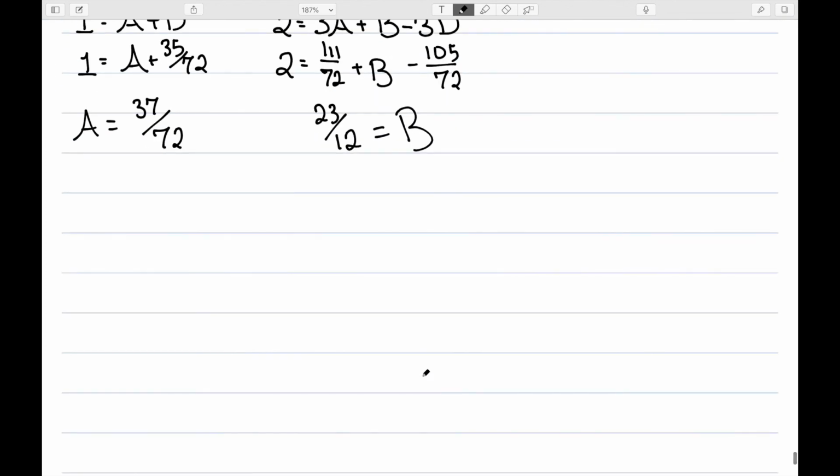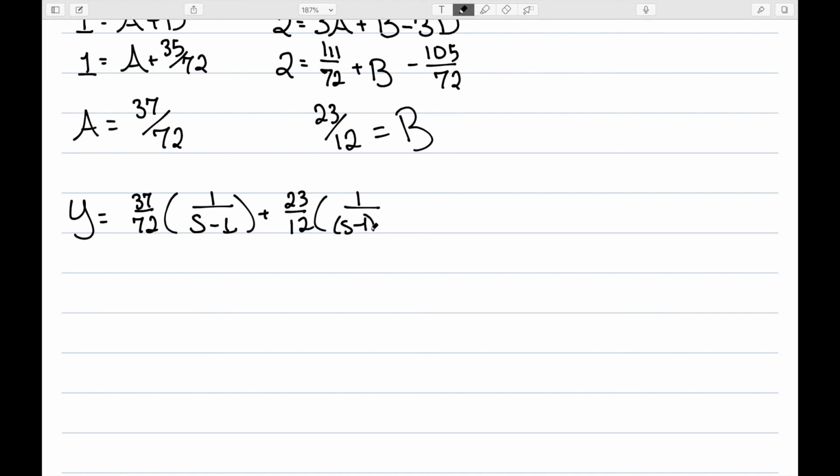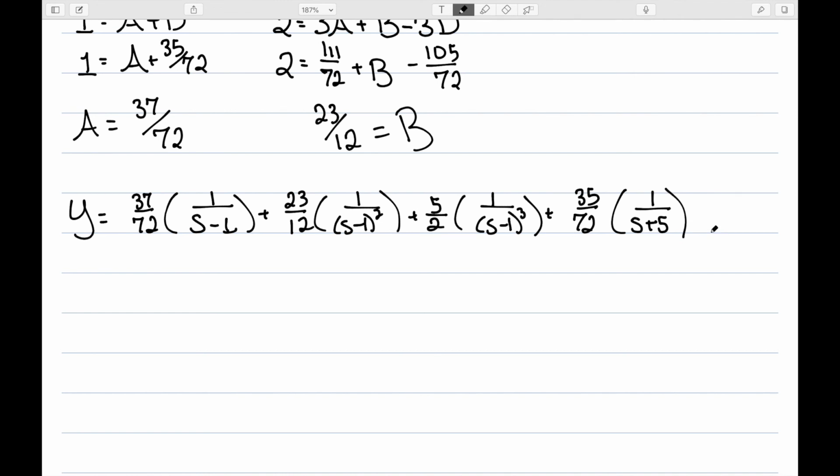So now that we have all of that, we can rewrite. We had capital Y was equal to A times 1 over s minus 1. We then had B times 1 over s minus 1 squared, C times 1 over s minus 1 cubed, plus D times 1 over s plus 5. We can now look at using our table to actually transform this.